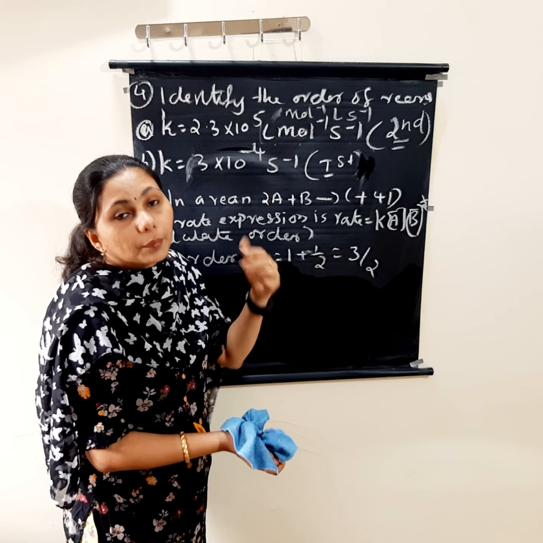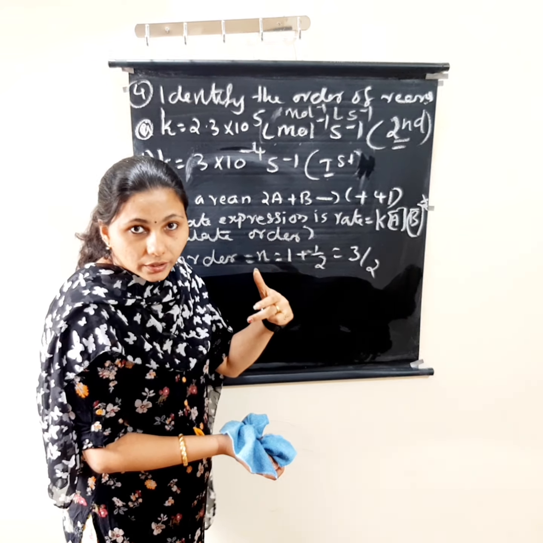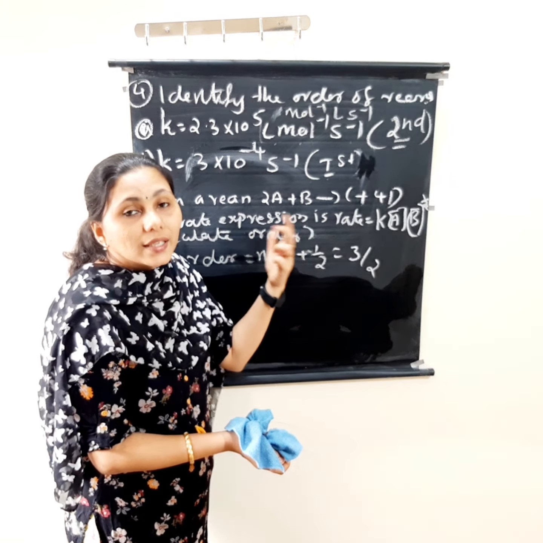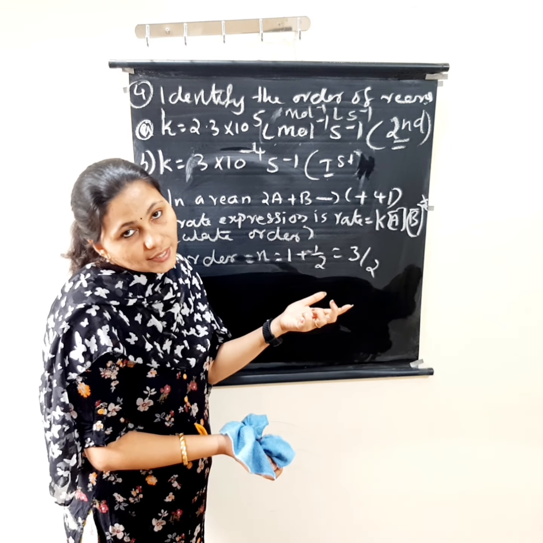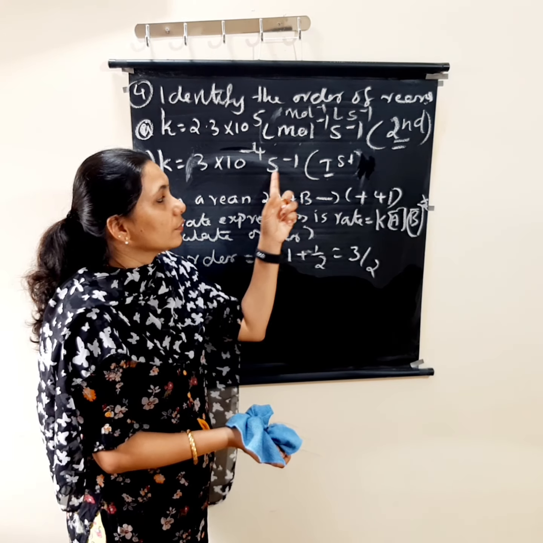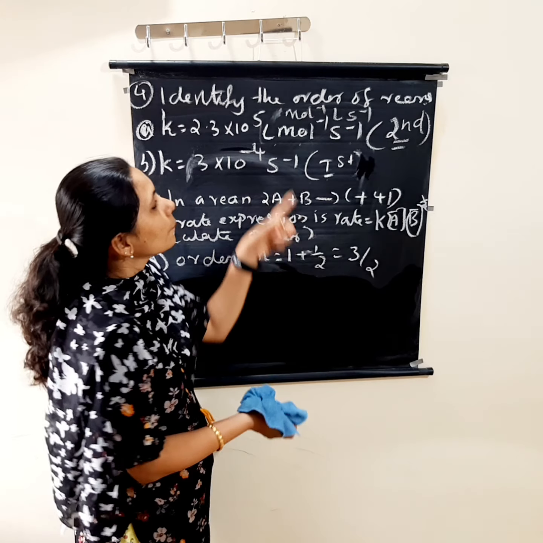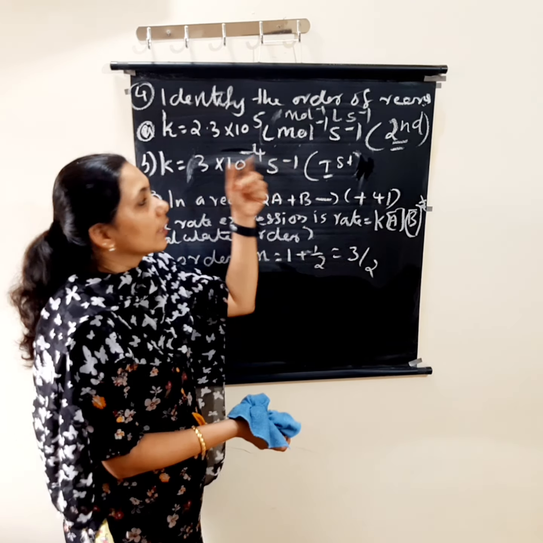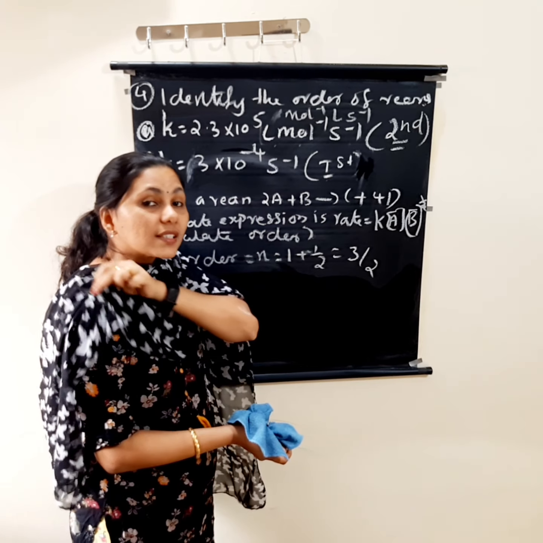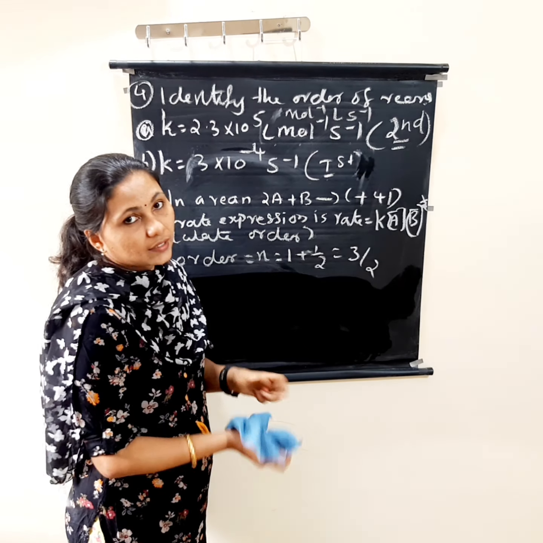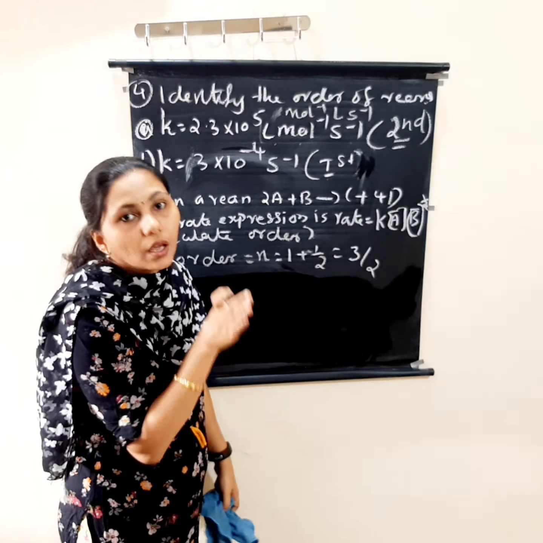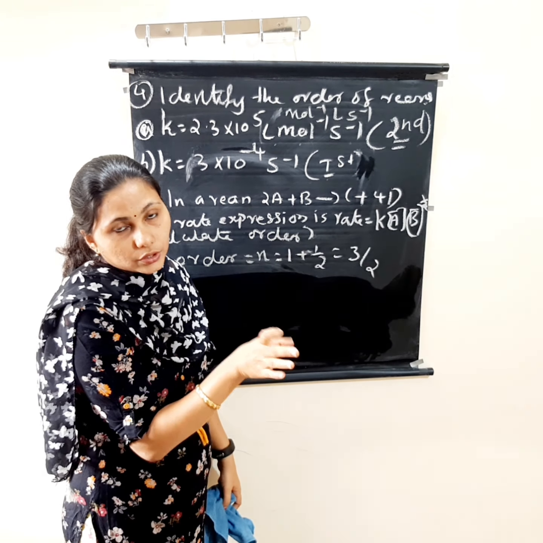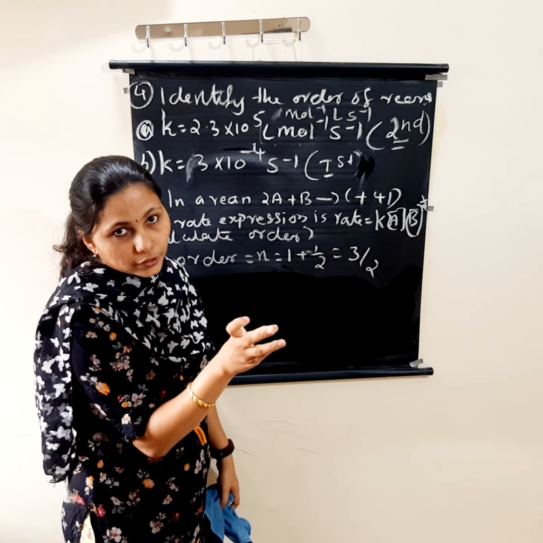Depending upon the unit, you can identify whether it is a first order, zero order, or second order reaction. If the unit is second inverse, it is first order; liter per mole per second means second order; and moles per liter per second means zero order reaction. So you only have to note down the unit of the rate constant.